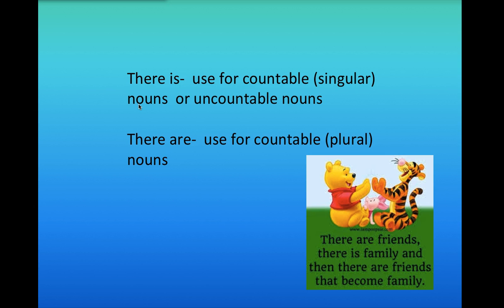An uncountable noun is a noun that we can't put a number in front of. So we can't say 1 water, 2 waters, 3 waters, or 3 coffees, 4 coffees, because they're uncountable nouns. We can say, I'd like to have 2 bottles of water, or I'd like to have 3 cups of coffee.